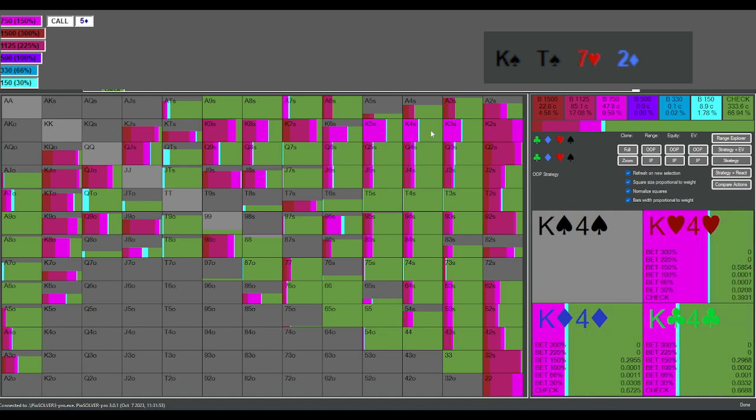So you have the king four of hearts, and it's pretty easy to spot that your hand is stronger, and you're gonna want to go for value more often.